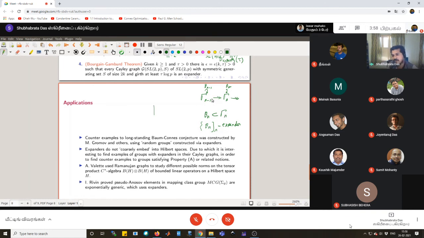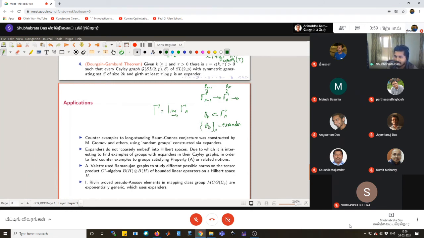Suppose I am constructing a sequence of quotients of groups. So in the limit, if I get a group, say gamma, which is in some sense the limit of such groups, then the Cayley graph of that group would contain this family in some sense.